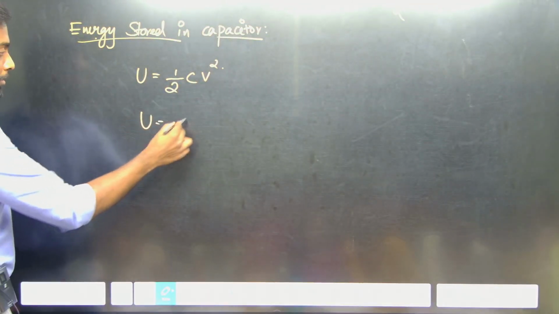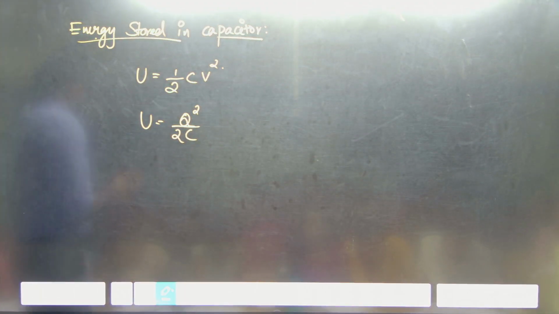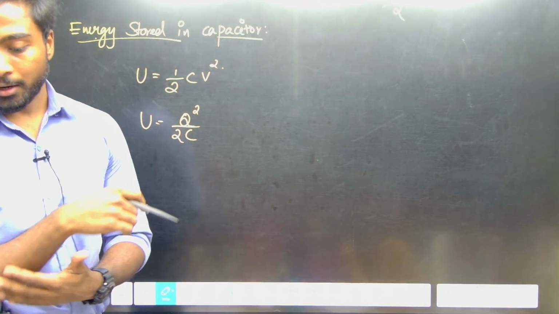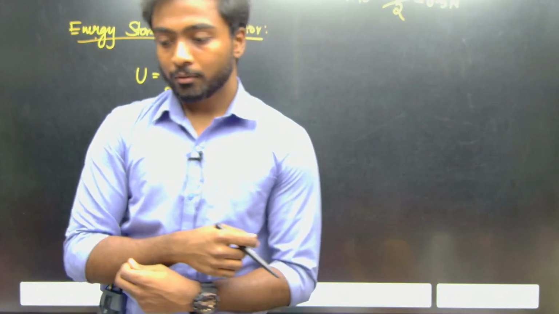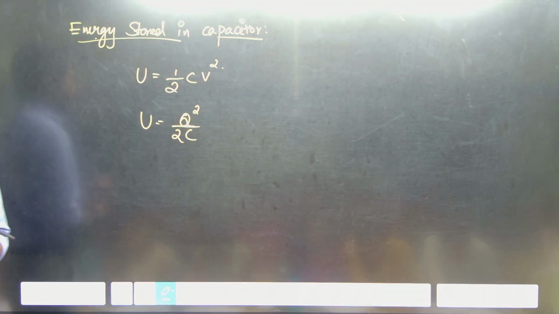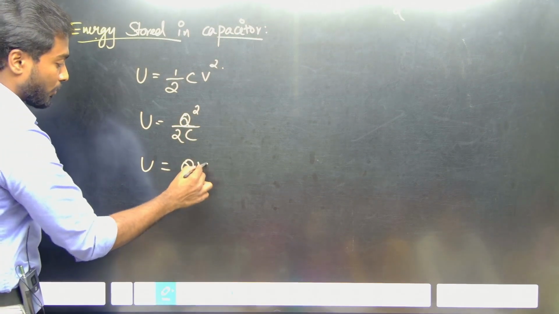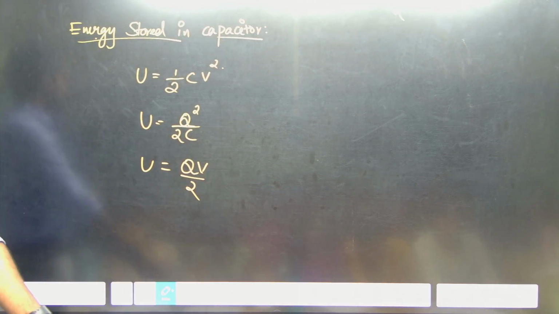Write the next formula. U is equal to Q square by 2C. The other formula is U is equal to QV by 2.